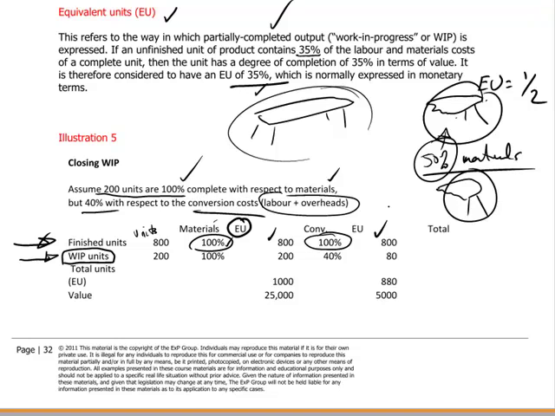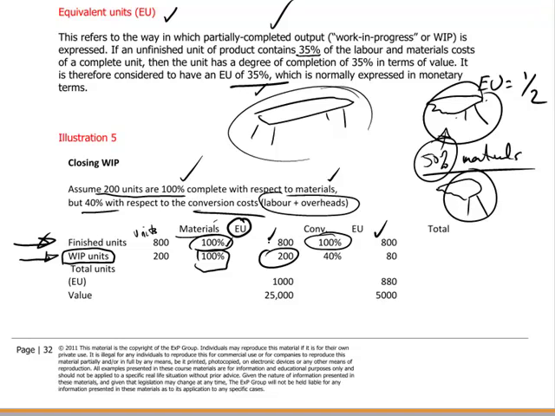We have to exercise care now when we look at the WIP units. We can say that the products from the standpoint of materials are 100% complete. So from a materials perspective, the 200 WIP units are also equal to 200 equivalent units. They have the same status with regard to materials as a finished good.